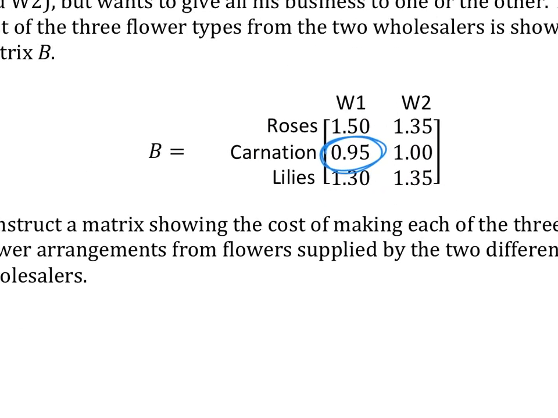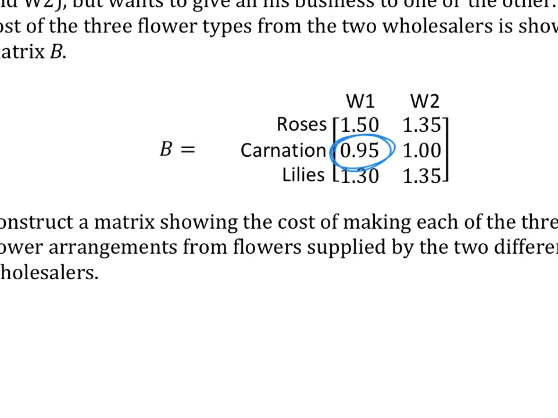All right, so here is what you need to do. Construct a matrix showing the cost of making each of the 3 flower arrangements from flowers supplied by the 2 different wholesalers. Okay, so we need to figure out how much it's going to cost from each wholesaler to make the 3 arrangements.